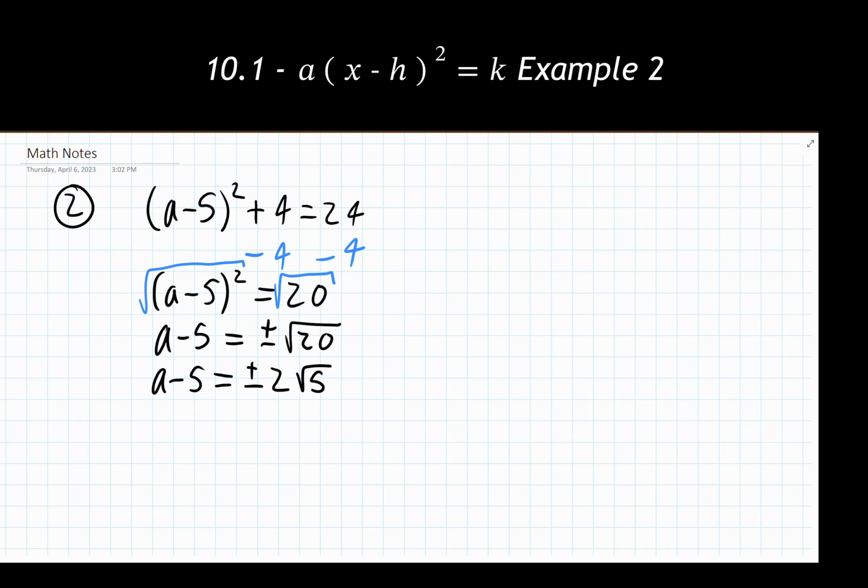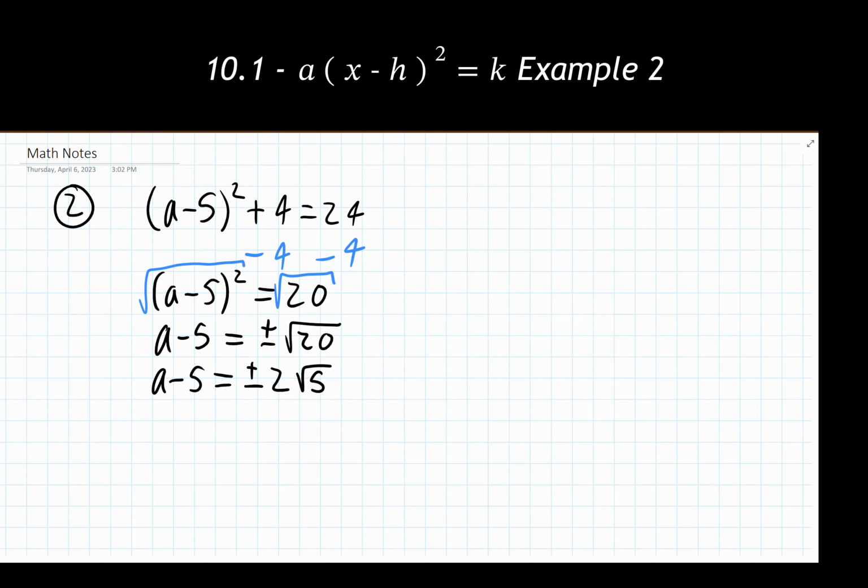Now I still have that plus and minus showing up in front there because I did take the square root back in our step right up here, so that isn't going away. However, we're noticing that square root of 5 is not going to be a perfect square. If I were to actually take the square root of that, I'm going to get some big, gross, terrible decimal showing up.